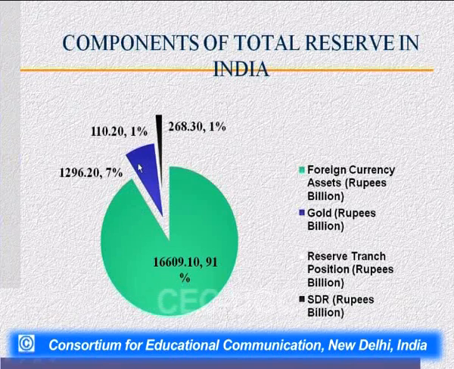The blue one is gold, only 1%. The black one is only 1%, and the next one, reserve tranche position, is around 7%. So you can see a major part of the total reserve in India is foreign currency assets. These are the statistical figures in percentage form.